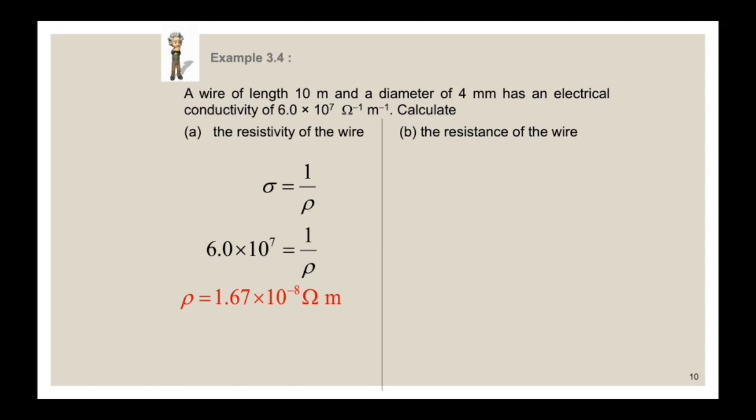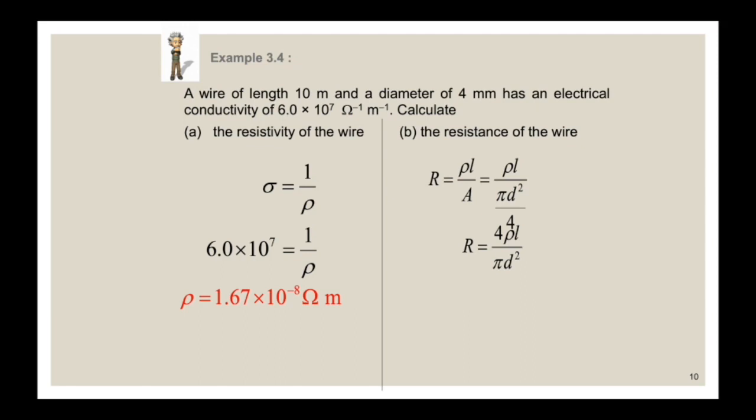Now calculate the resistance of the wire. We have the resistivity from A, so we just want to calculate R. We arrange from the equation R equals rho L over A. We have the rho from A, L is 10, and area is pi r squared, but if we write it in terms of the diameter, you get pi d squared over 4.